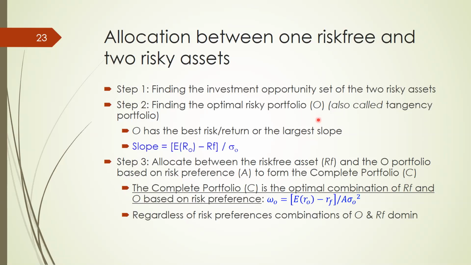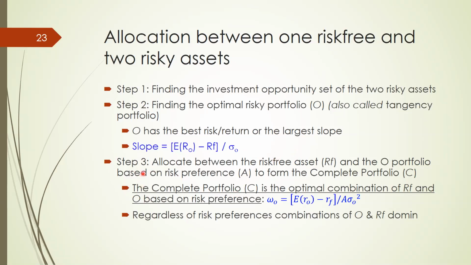So we will be able to combine the two risky assets into one risky asset, the portfolio O, which should have the highest Sharpe ratio and the best risk-return trade-off. Now we're left with one risky asset instead of two, because any other risky asset that's formed based on the combination of stock and bond will be dominated by the O portfolio.